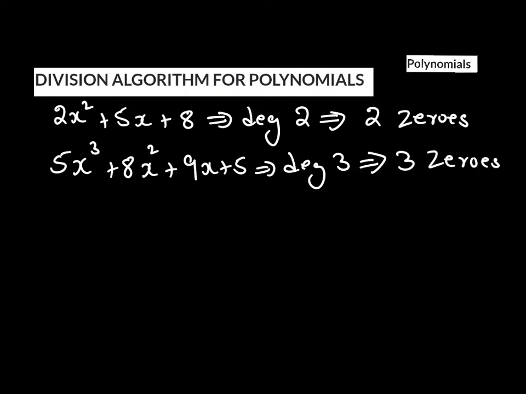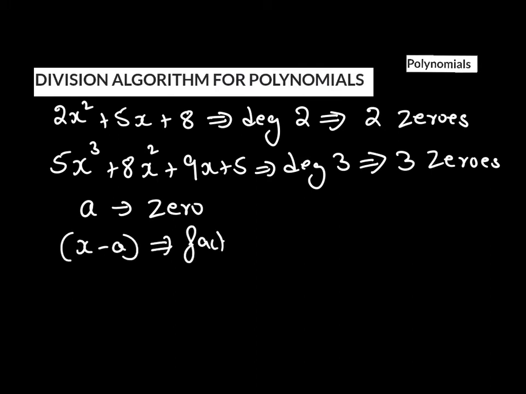We already learned how to figure out the zeros of a polynomial. We also learned that in general, if a is the zero of a polynomial, then x minus a will be the factor of that polynomial.